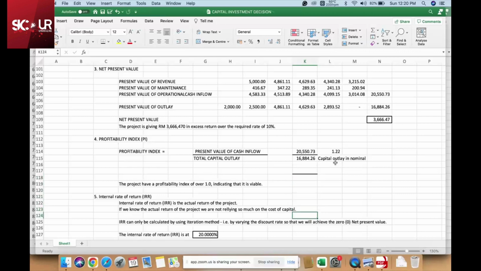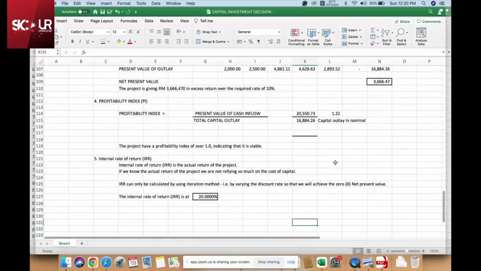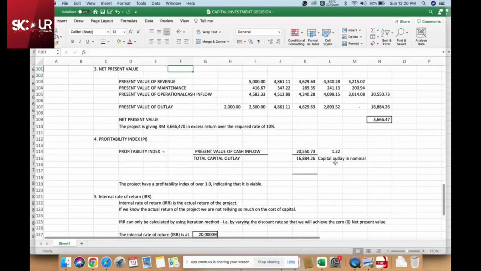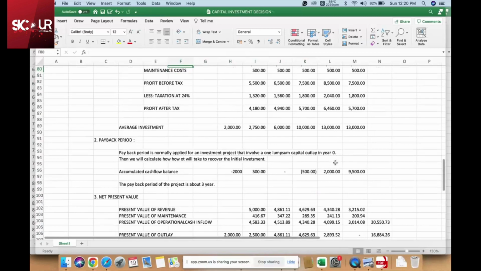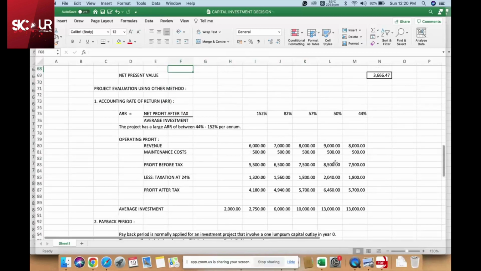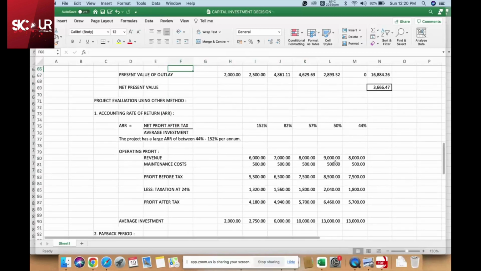Okay. Finally, this is the most cumbersome: the internal rate of return. We say that internal rate of return is the actual rate of return of the project, and the 10% that we are using here is just a cost of capital that we guesstimate.